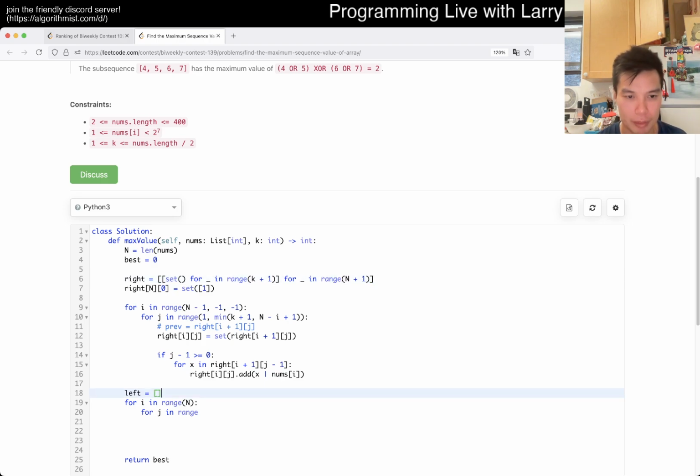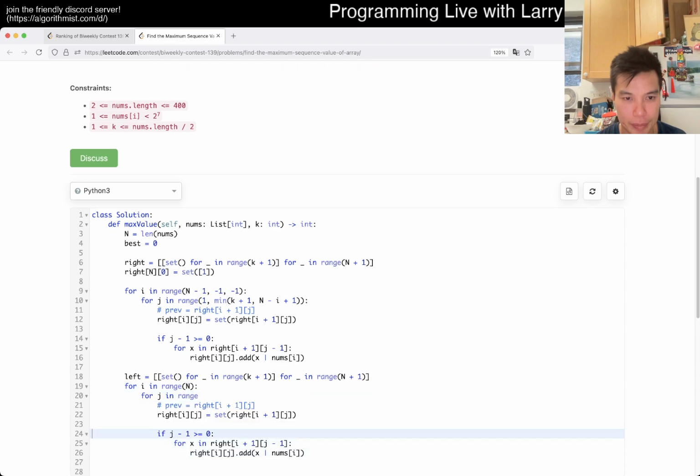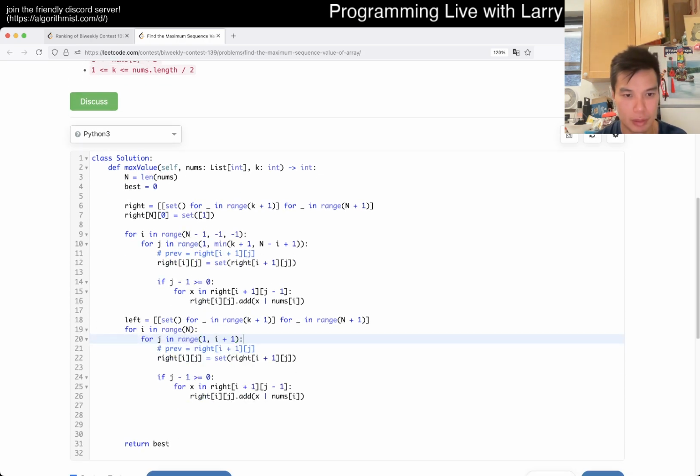I was going to split them up, but if i is the first one. Yeah, I guess I shouldn't do it that way. Okay, fine. Let's just do it this way. I mean, this isn't even that interesting, but.